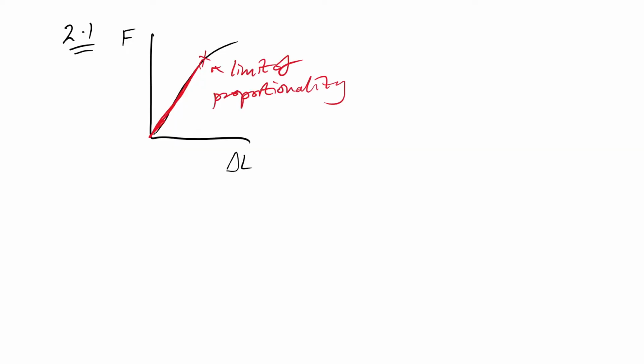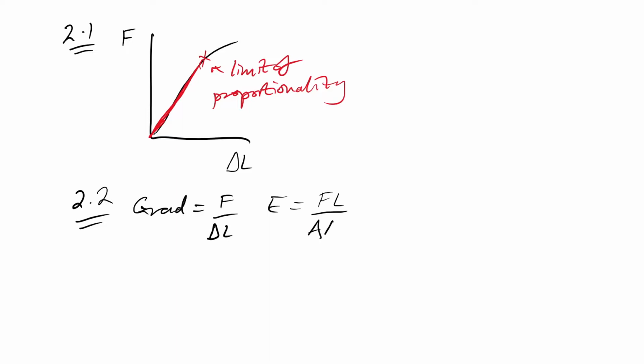All right, and then we're being asked, how can we find out the Young modulus? Well, we know that the gradient from this graph gives us F over delta L. And if we take our Young's modulus equation, FL over A delta L, that means that this is our gradient.